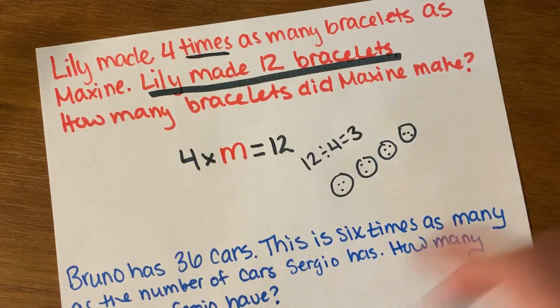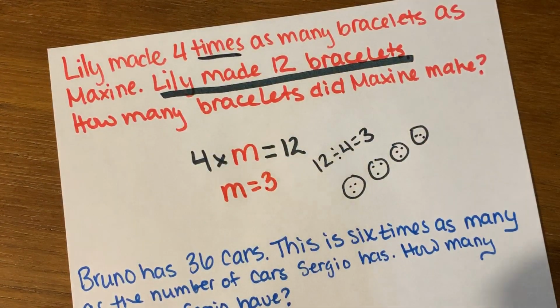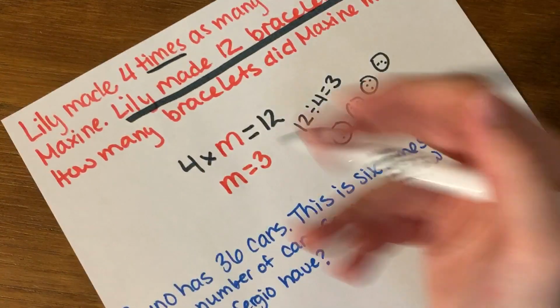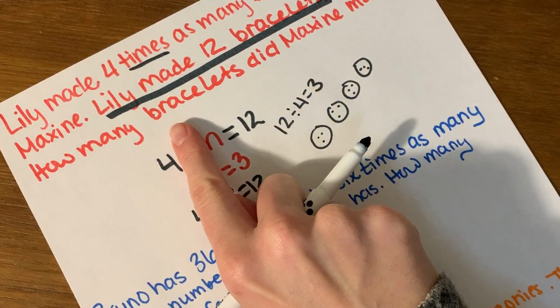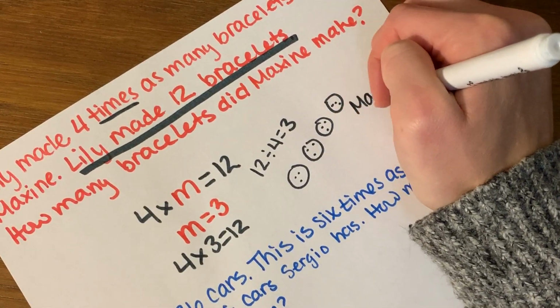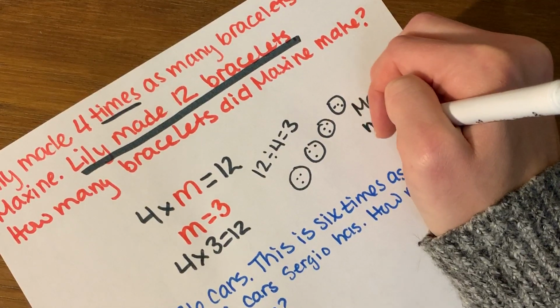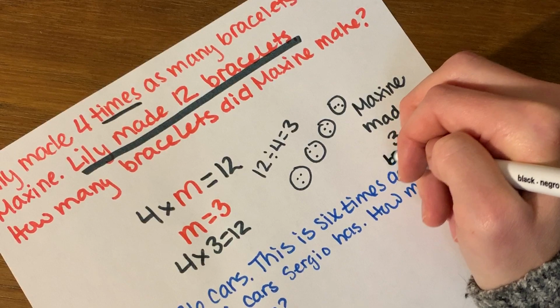Okay, so we could do that. So we now know that M equals 3. So that means that 4 times 3 gives us 12, which means the answer to our problem is that Maxine made 3 bracelets.